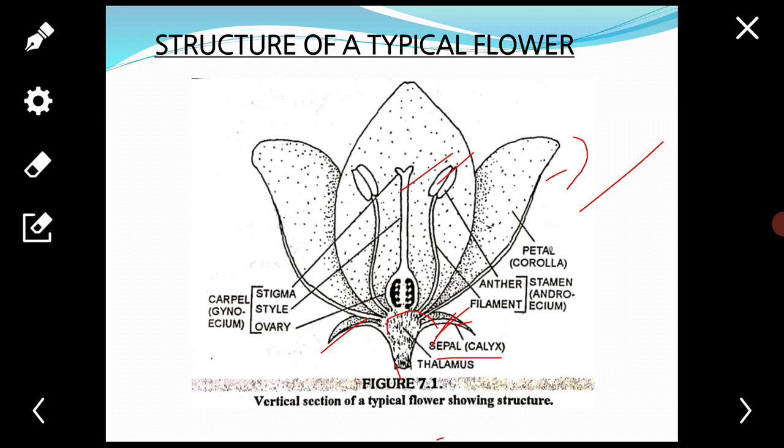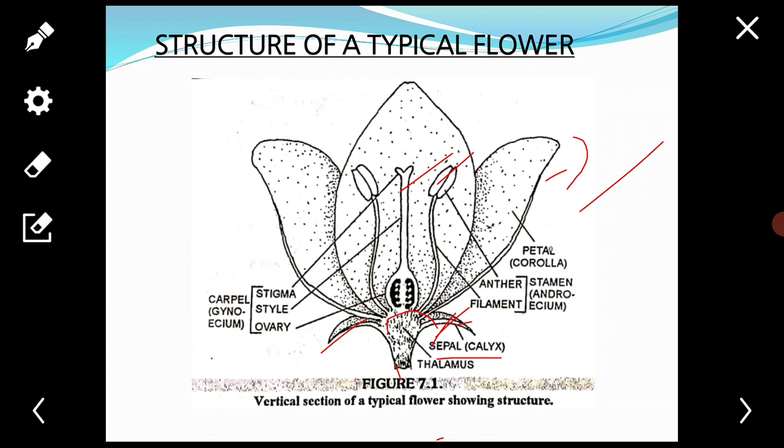Sepals are usually green in color, but in some species they are colored like petals. Such a condition of calyx is called petaloid.